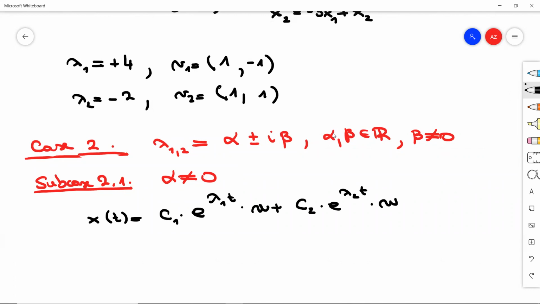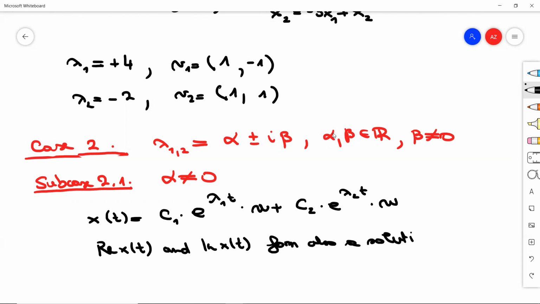But as we did last time, we saw that we can rewrite this as a linear combination of two real solutions by taking the real part of x and the imaginary part of x. When we take the real part, we get one real solution, and when we take the imaginary part, we get another real solution. And then we can form linear combinations of those two solutions. So the real part of x of t and the imaginary part of x of t also form solutions.